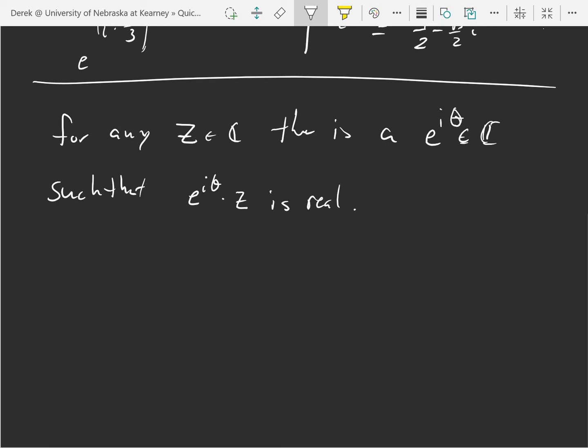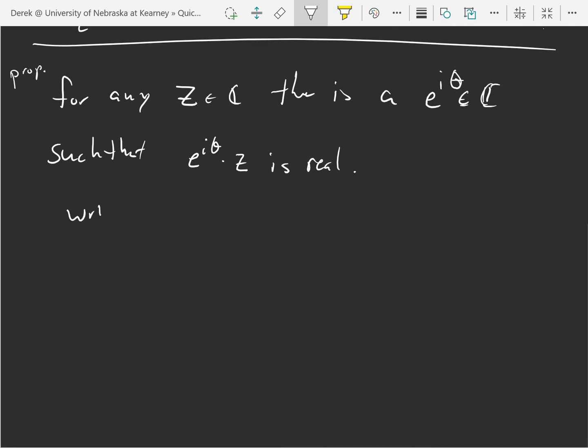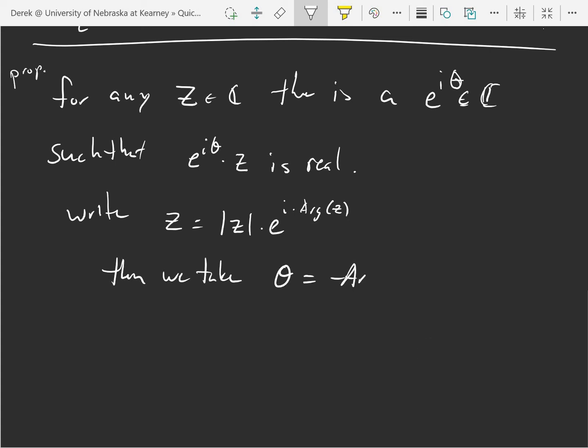Okay, well, this is just sort of an easy proposition. We write z equal to its magnitude times e to the i times the argument of z. Then we take theta equal to the negative argument.